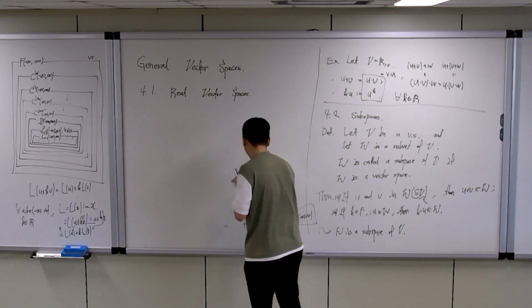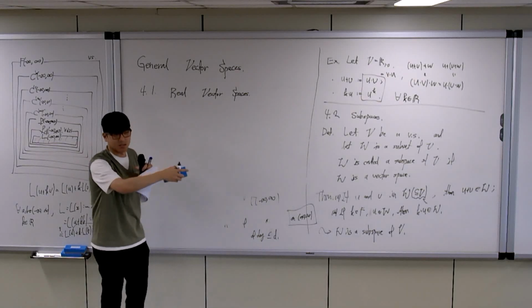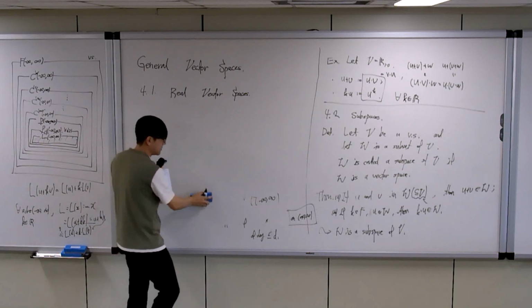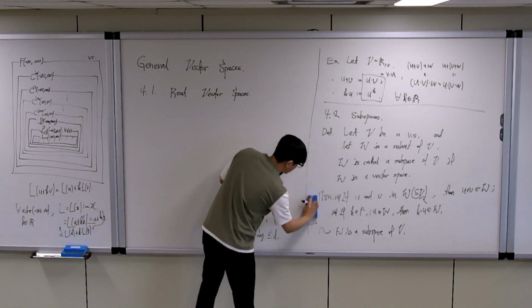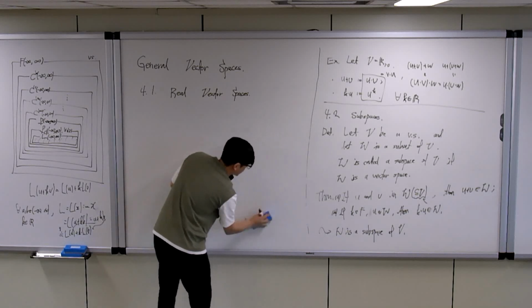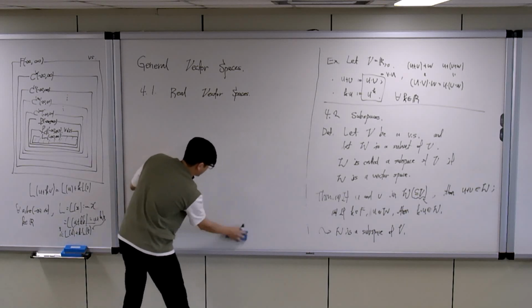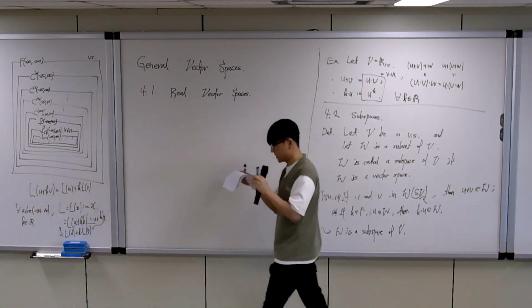In that case, if you define the additive operation as matrix multiplication, and scalar multiplication as ordinary scalar multiplication, then it will be a vector space, a subvector space of the matrix multiplication vector space.